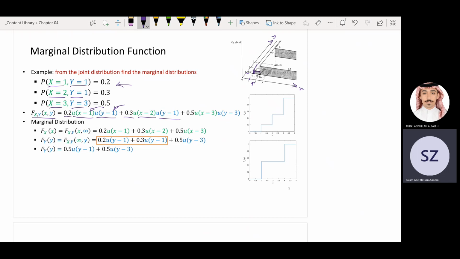It's the same, 0.2. It stays the same until we reach x equal 2, where there is a new probability of 0.3. So this is another step function at x equal 2, right?